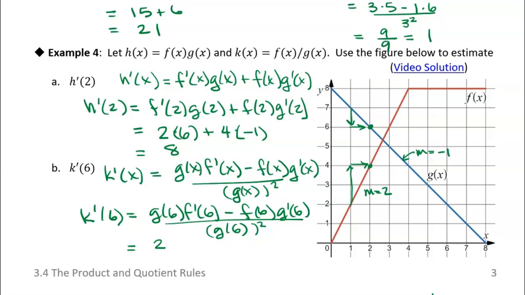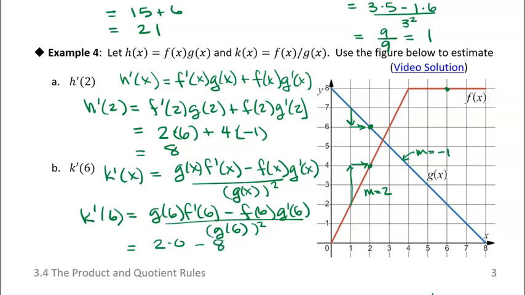All right, and then f prime of 6. Now, if you come up here to f, when x is equal to 6, we're looking at slope, right? F prime is slope, and this is a horizontal line, so this is just going to be times 0. And then minus f of 6. F of 6 is 8, right?